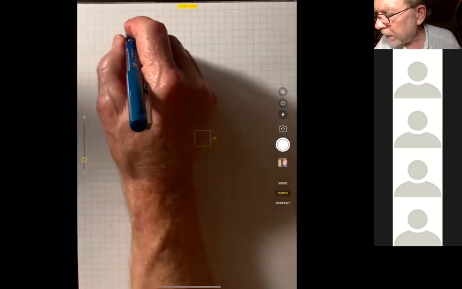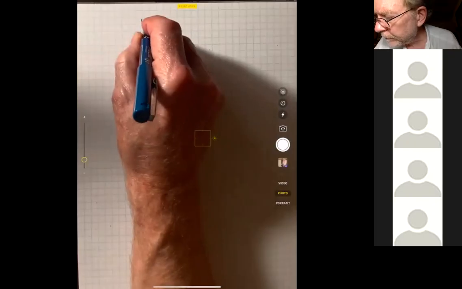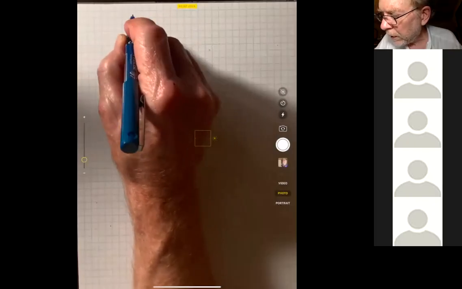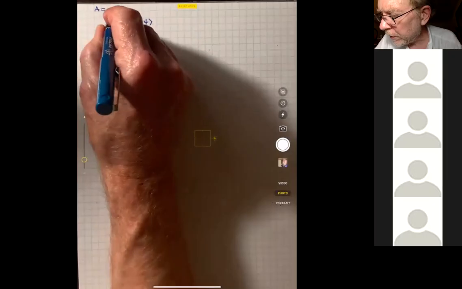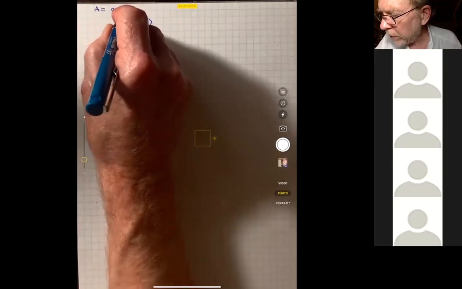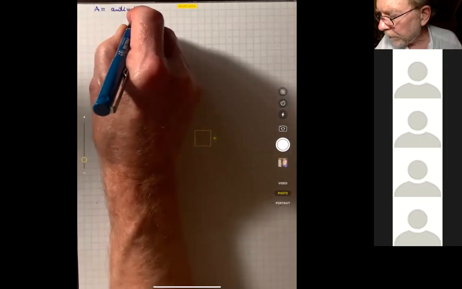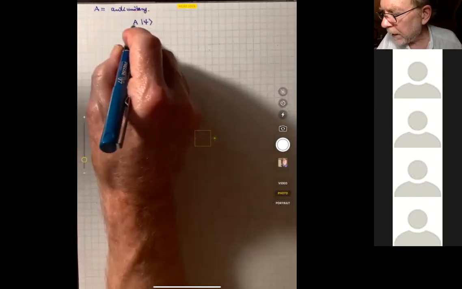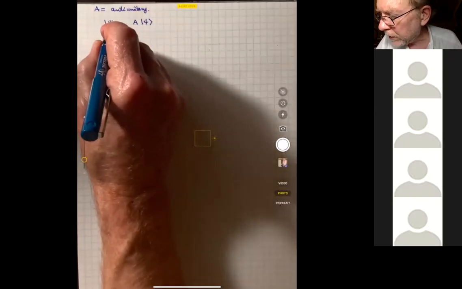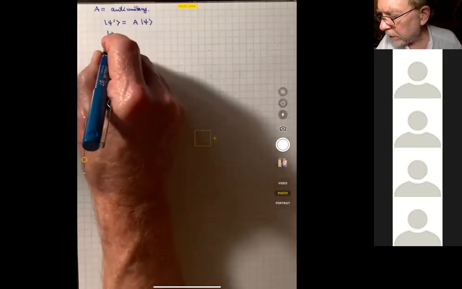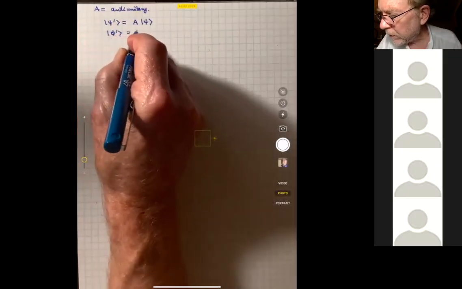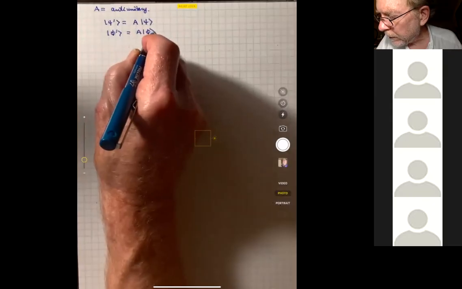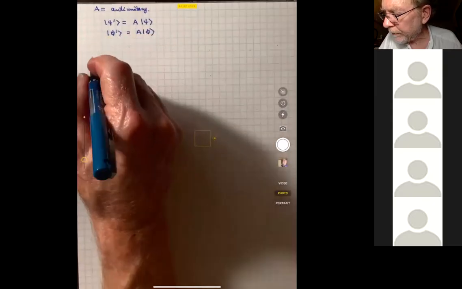Let's suppose I take a ket psi and let A be anti-unitary, because I want to explore the properties of anti-unitary operators. Let A act on psi, and let's call the new state psi prime. And let A phi equal phi prime.